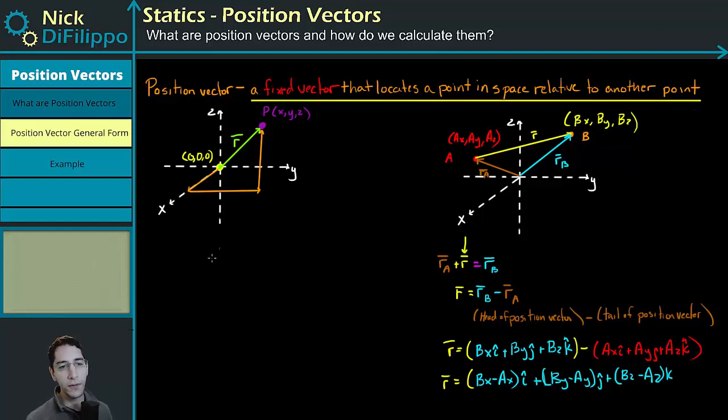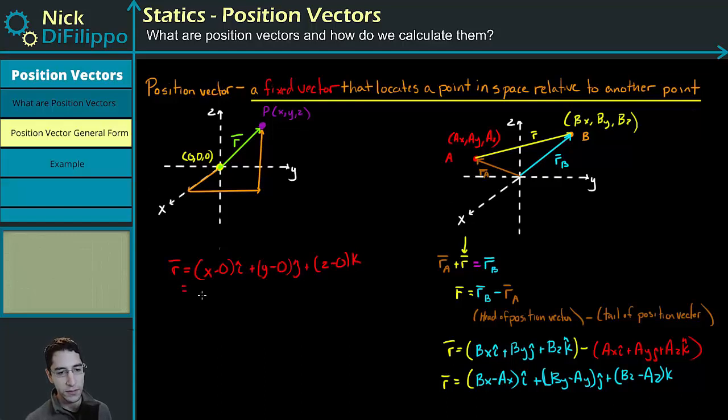And if we go back and look at the first example we looked at, our tail is at point 0, 0, 0. Our head is at point x, y, z. So our position vector r is going to be equal to x minus 0 i plus y minus 0 j plus z minus 0 k.